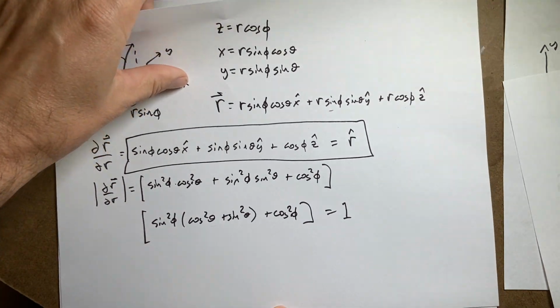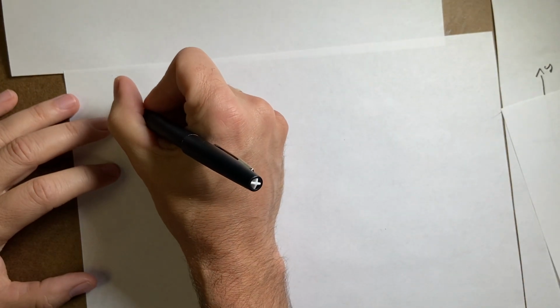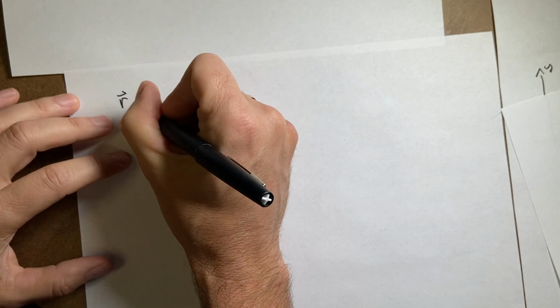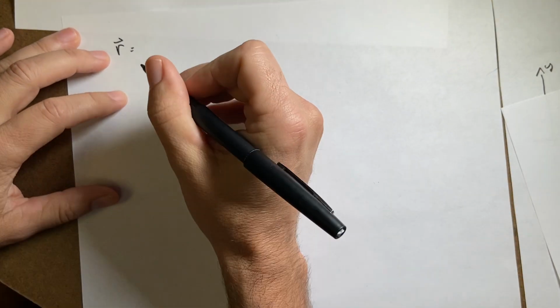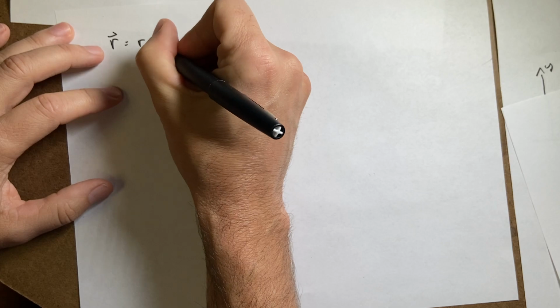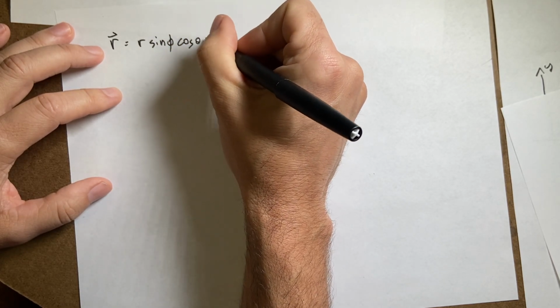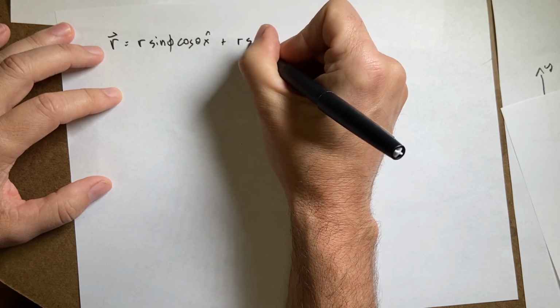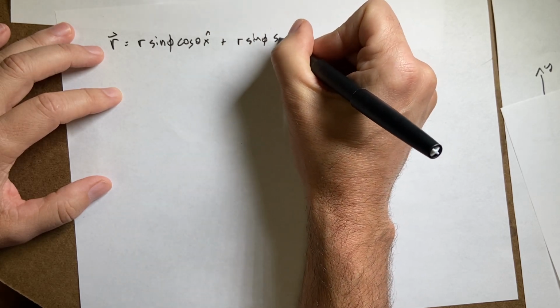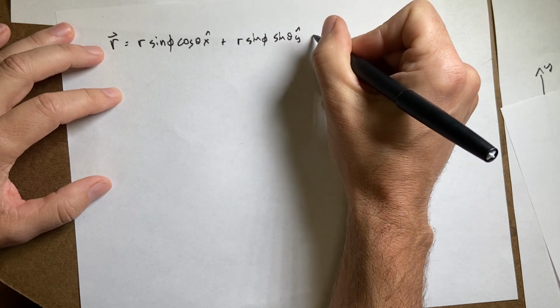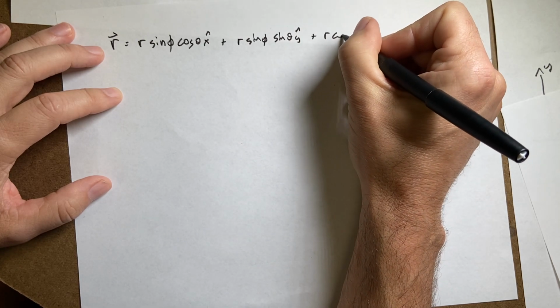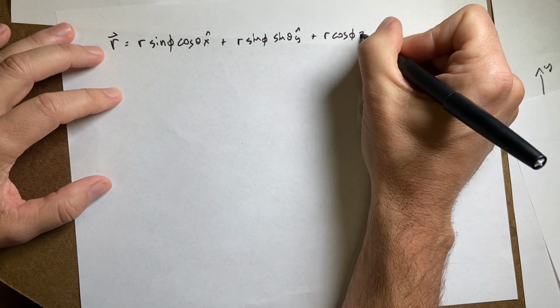Okay, now let's do theta. I don't know why I just did theta. So let me write up here r equals r sine phi cosine theta x hat plus r sine phi sine theta y hat plus r cosine phi z hat.